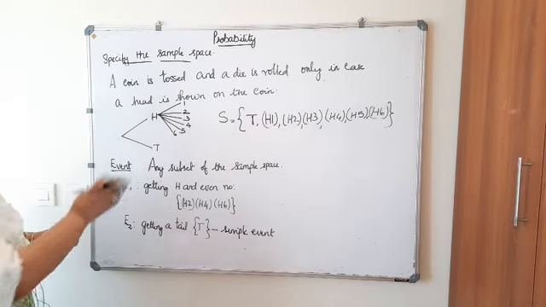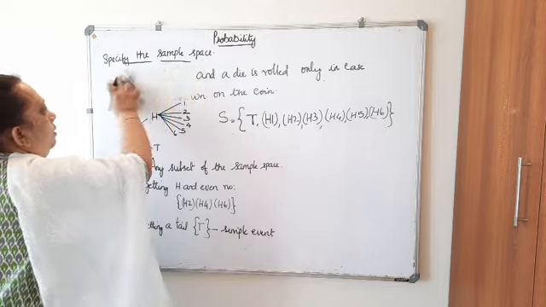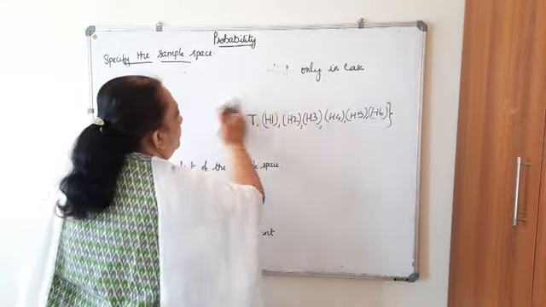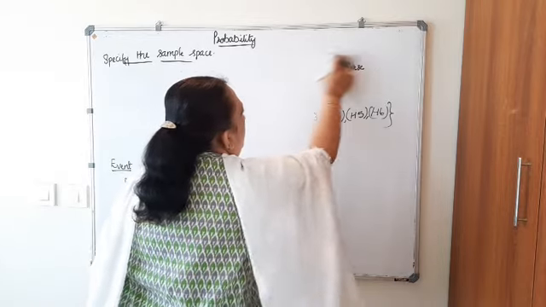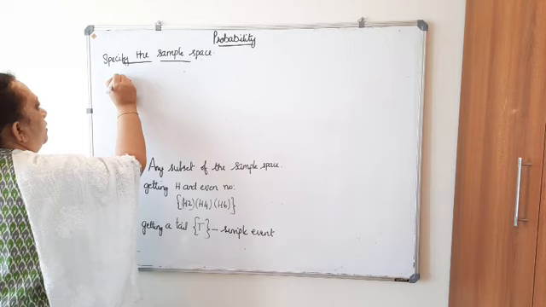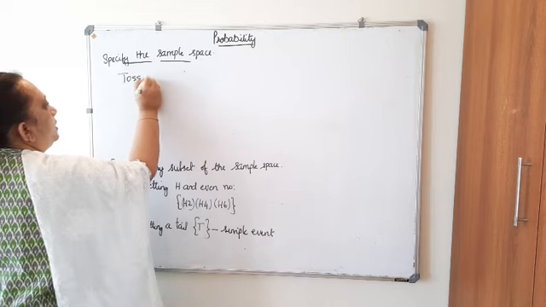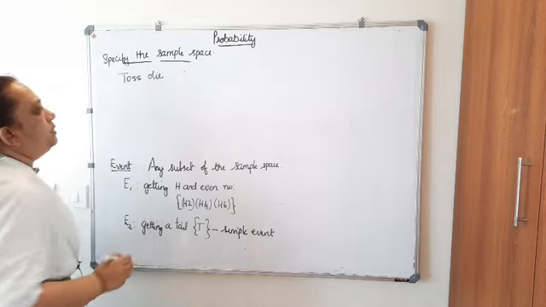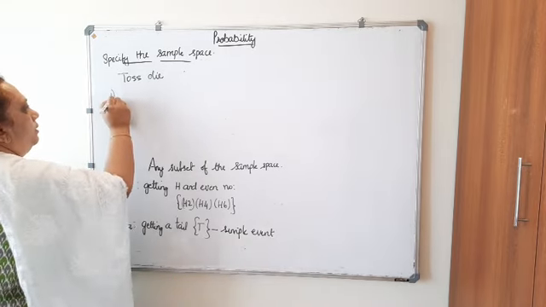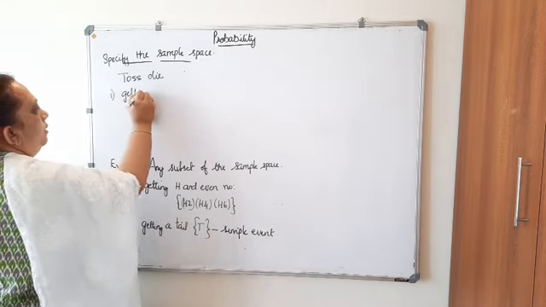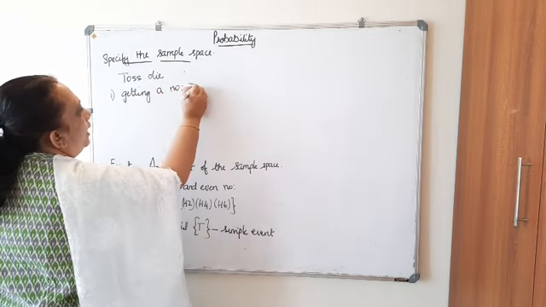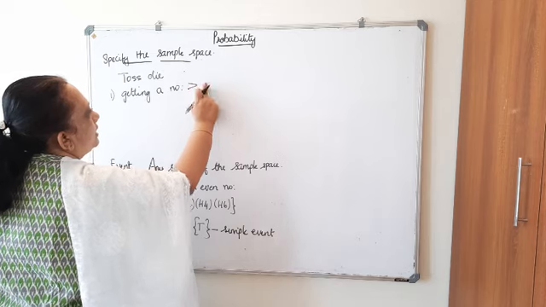Now suppose when you toss a die, this is my random experiment, getting a number greater than 6.